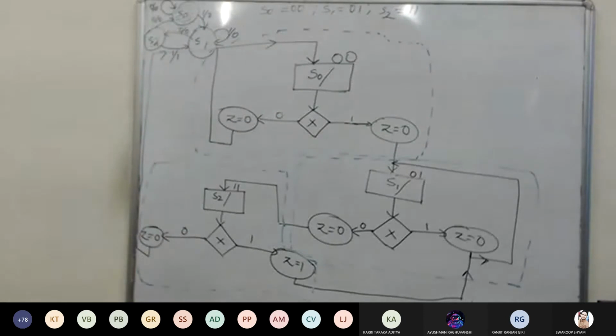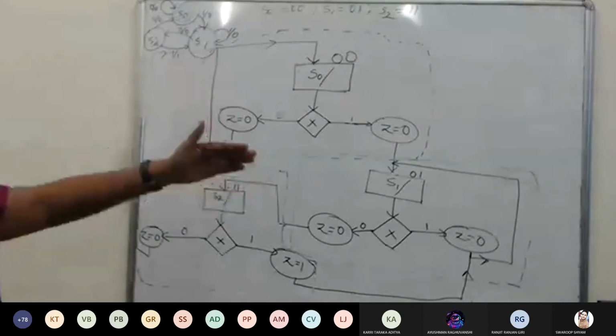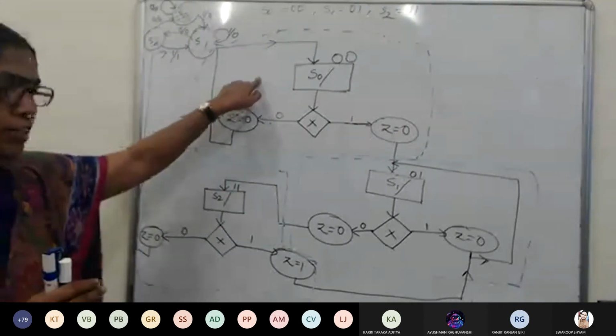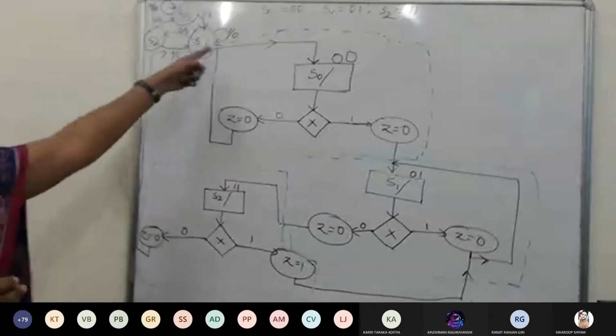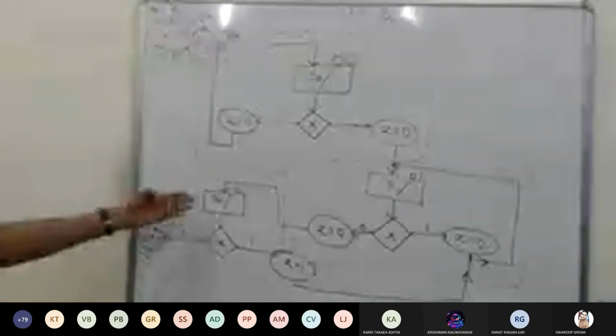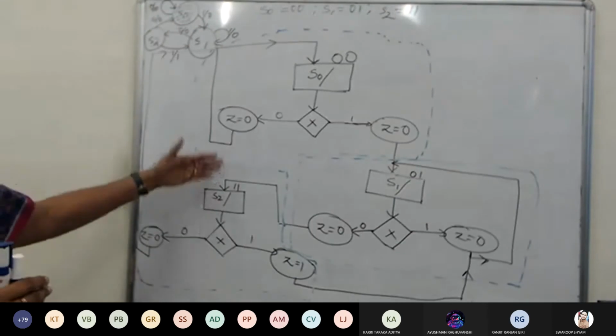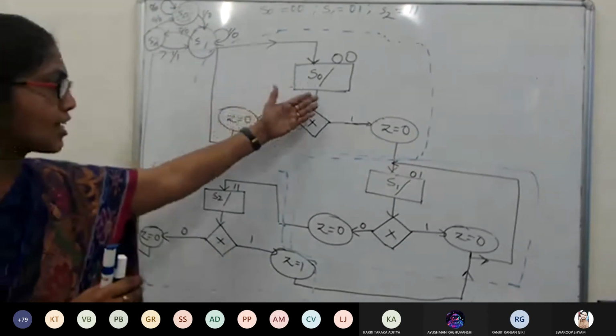Why do I use the word timing sequence? Because one after another, like you see, after S0, S1 only is preferable, because after this it is going back to S0 only. S2 is not there in the picture. So the sequence is something like S0, S1, then S2 I guess. So the flow sequence as well as the timing sequence is clearly mentioned, isn't it?